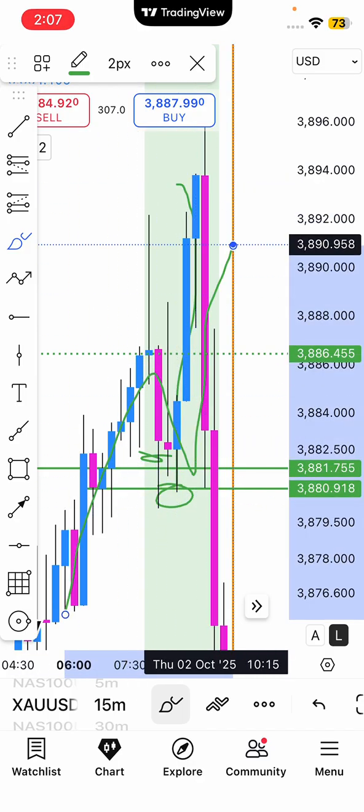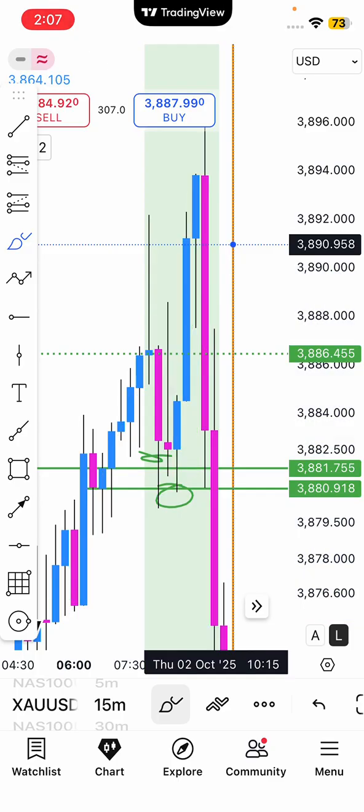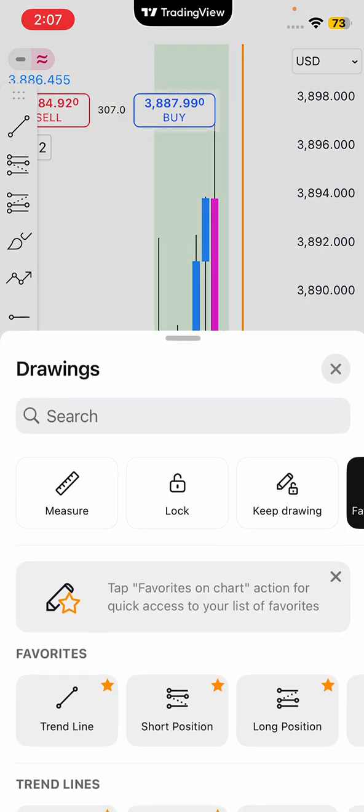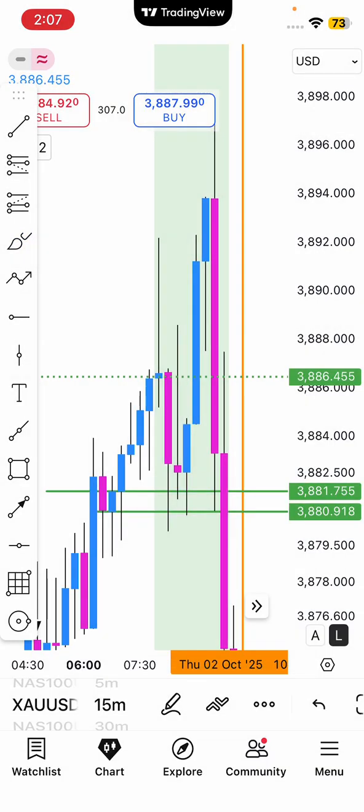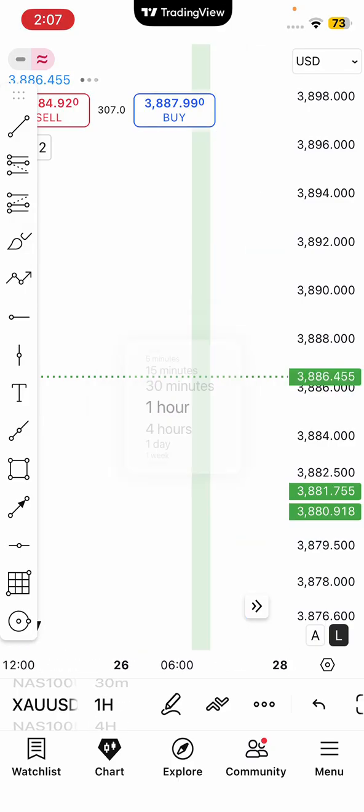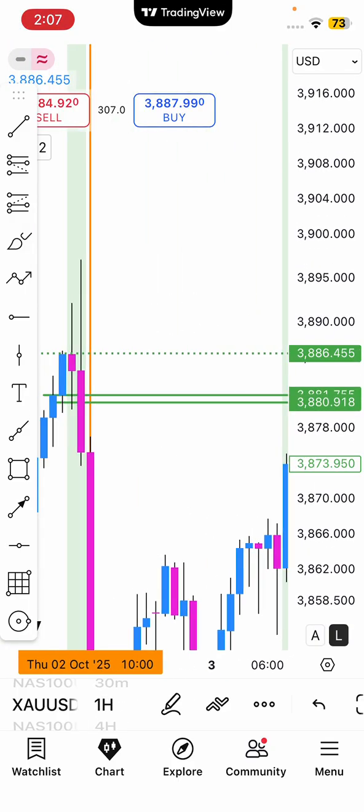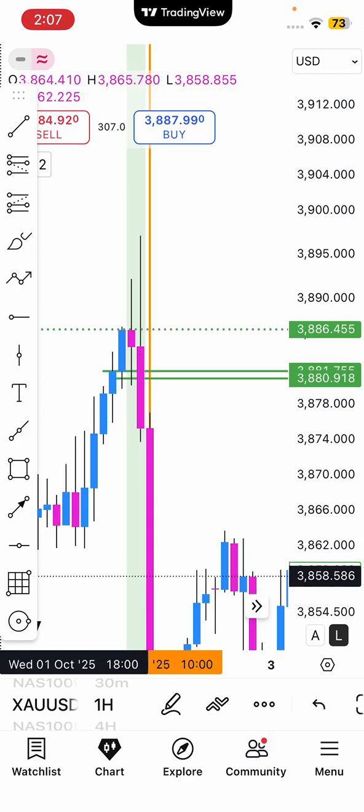Obviously, you can see it's a break and retest, but you're splitting your risk because you don't know which level price is going to hit. And if it ends up hitting both without taking your stop loss out, then obviously you win both trades. But that's essentially what I do and what I look for. So that's pretty much it. That was Thursday. Now Friday.